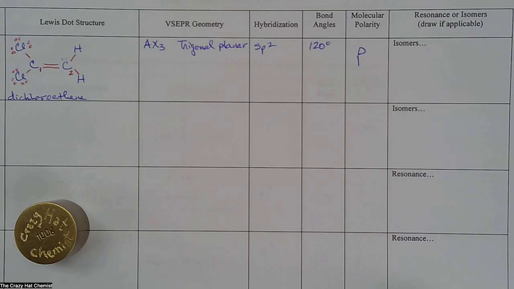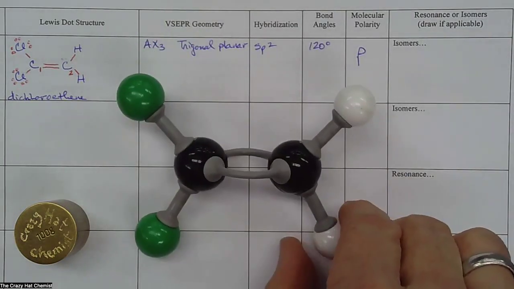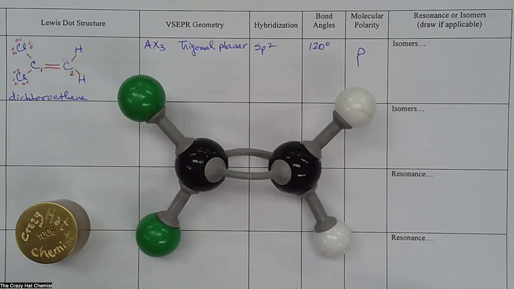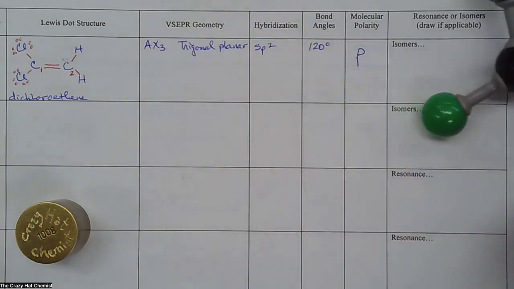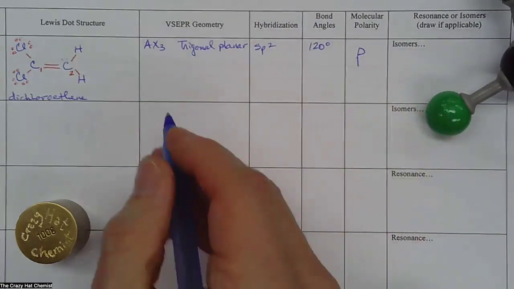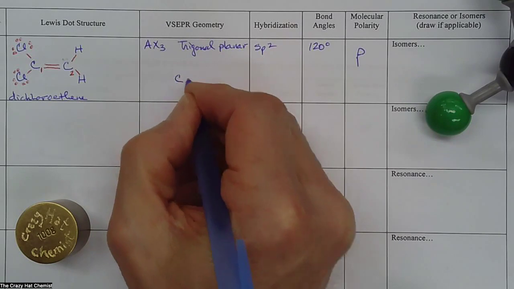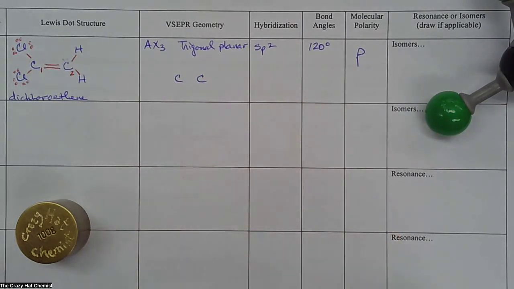So what we are going to do is look at this structure and ask ourselves, can we pull off any of the atoms and change them into different locations? Most people get another isomeric structure, so let's write that one down. We're going to do a carbon, and then pull off one of these chlorines and replace it with the other one.